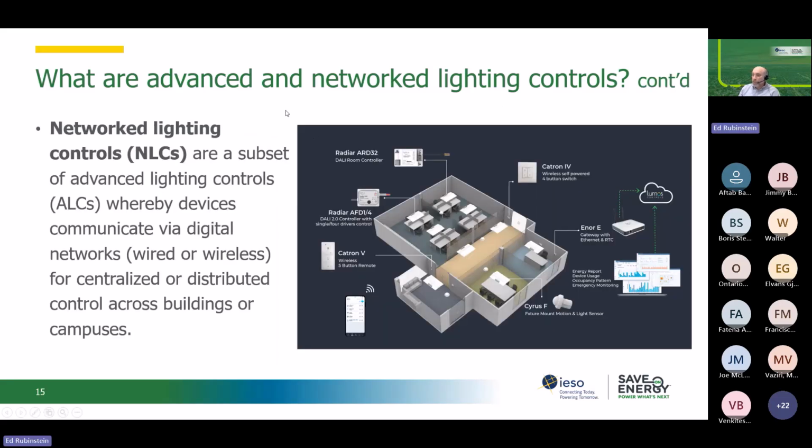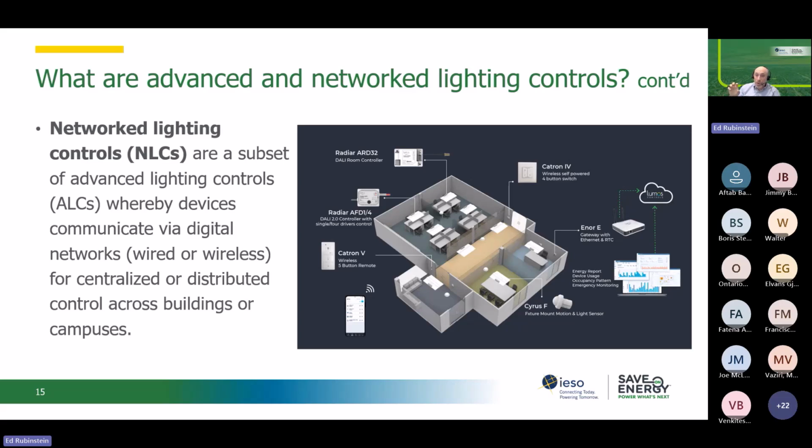Now, network lighting controls are really just a subset of advanced lighting controls, right? So advanced lighting controls could be one switch controlling two or three lights and things like that. Network is where you get maybe a bunch of different lights or a bunch of different areas, and they're all networked together. This could be wireless, this could be wired, but it will give you more of a centralized control system, right?